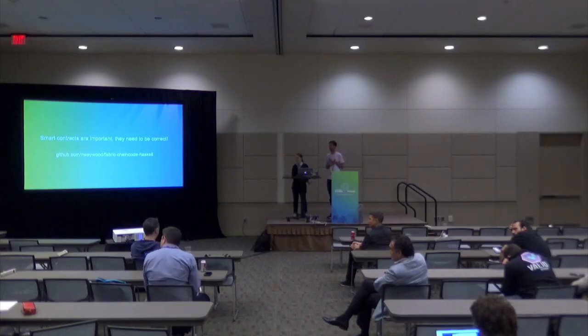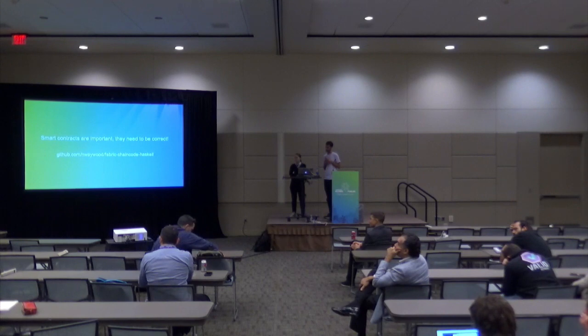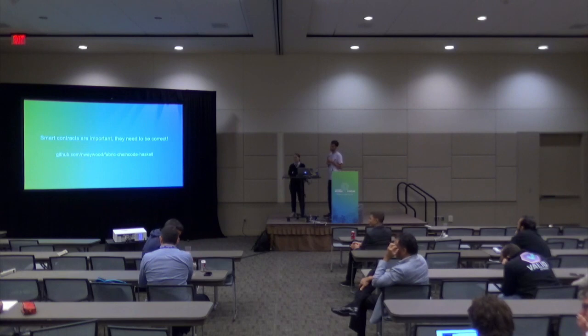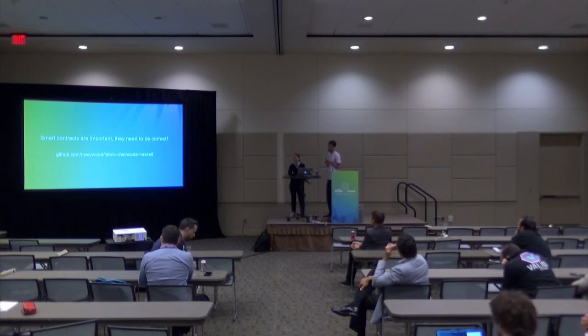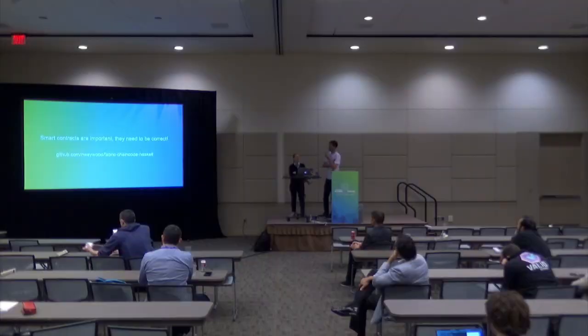I'm interested in the specifications that you're talking about. Not at this point, no. Like I said, we're still building the foundation, fleshing out the rest of the Haskell support first.